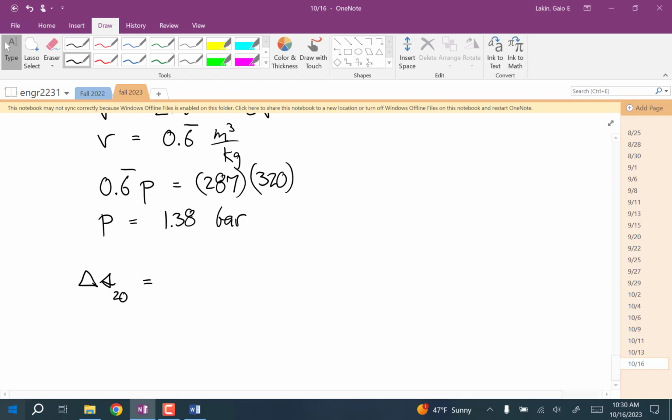Okay, so this is equal to 0.72 times 10 to the third times the natural log of 320 over the 20 degrees Celsius starting temperature, which was 293.